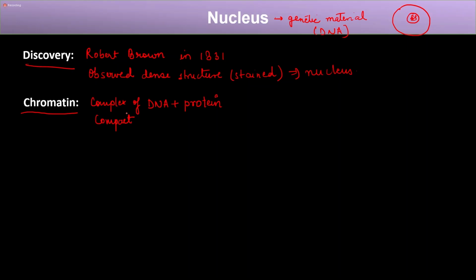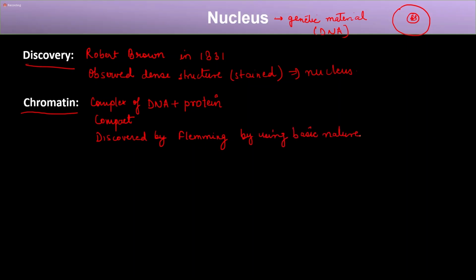Now, who discovered chromatin? Chromatin was discovered by Fleming. And how did he discover it? He used a basic dye. Basic means that it has base nature.